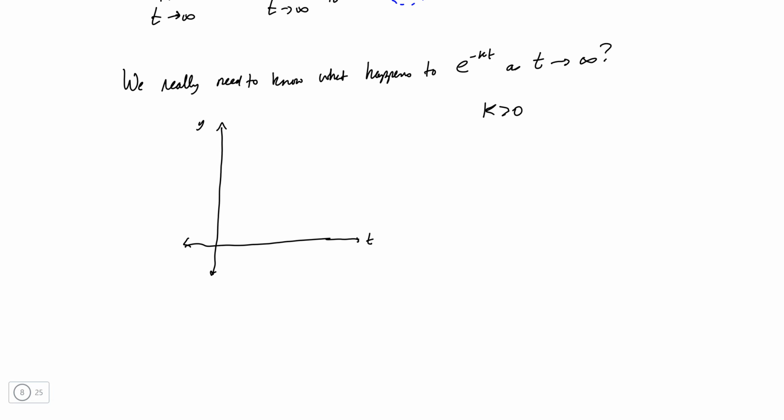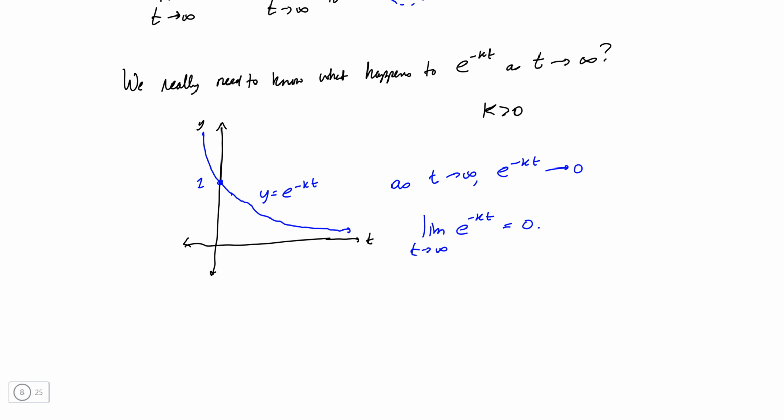We know at t equals 0, we should be at 1, and it should go something like this. So as t goes towards infinity, e to the minus kt goes towards 0. So the limit as t goes to infinity of e to the minus kt is equal to 0.